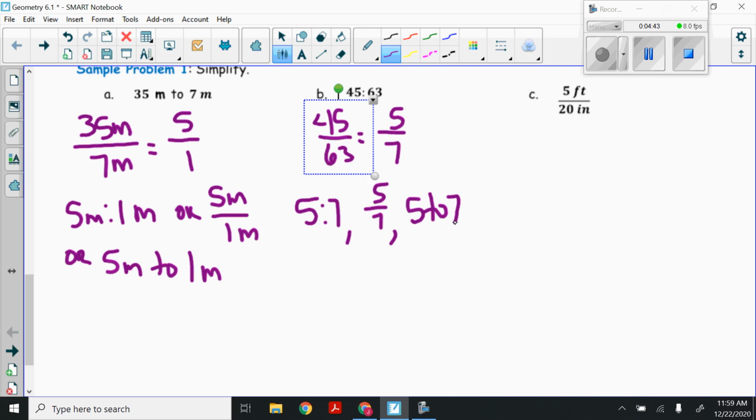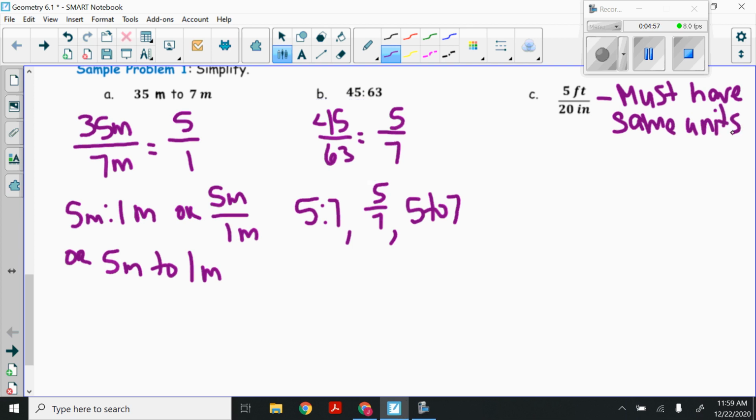But the last one, 5 feet to 20 inches. I notice they're not the same units. I must have the same units. So the very first thing that we want to do here is put them in the same units. So I'm going to take 5 feet over 20 inches.